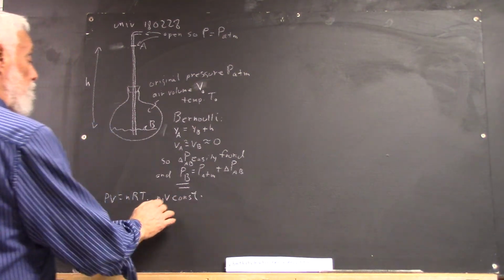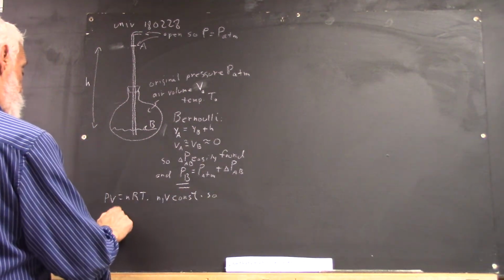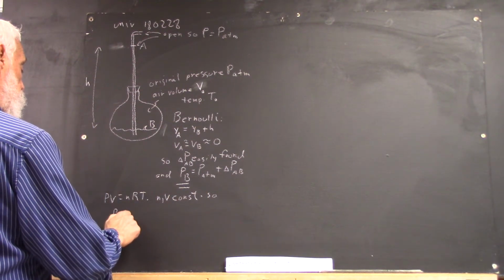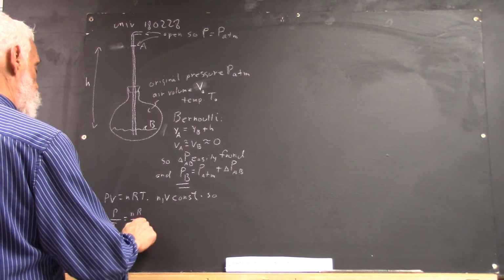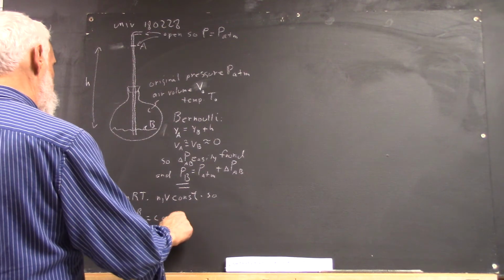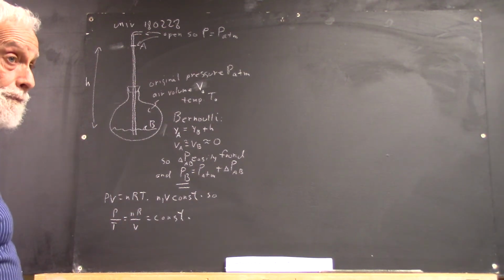PV equals nRT. n and V are constant, so P over T equals nR over V is constant. Okay?